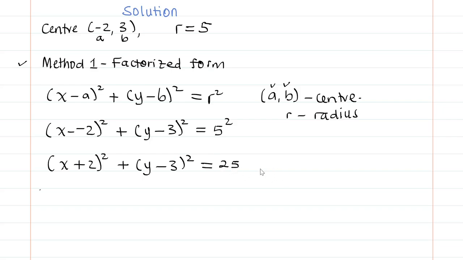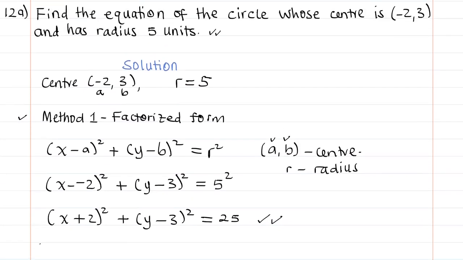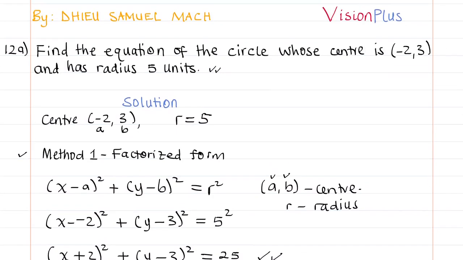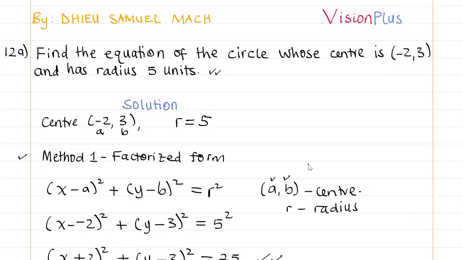So this is the equation of this circle in the factorized form. Remember, the question was not specific, so someone could choose method 1 or someone could use method 2.